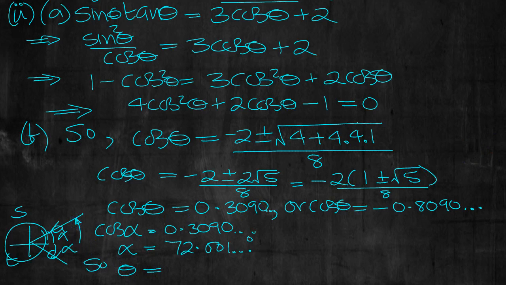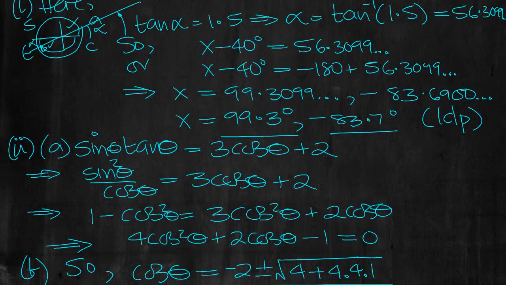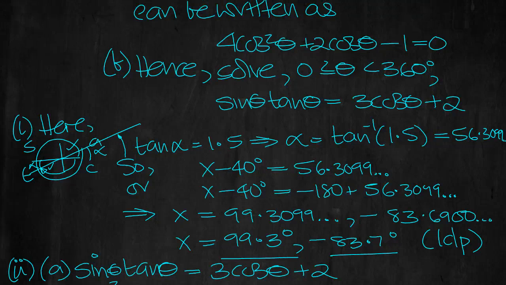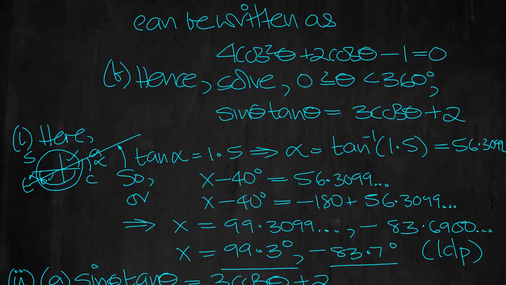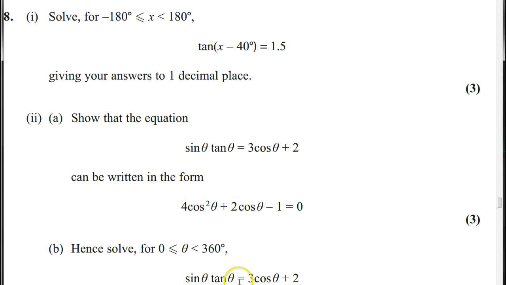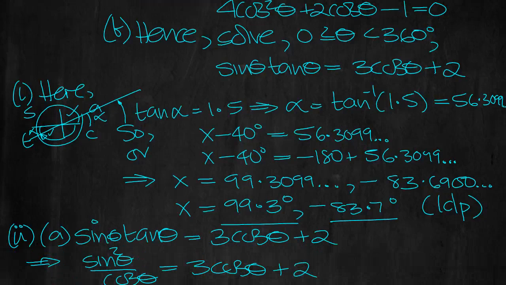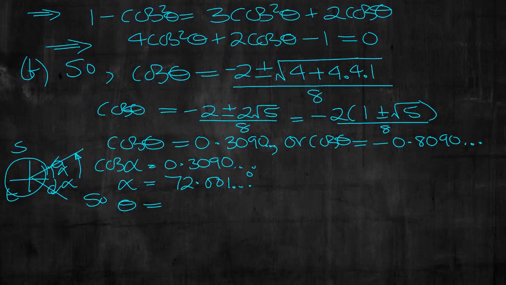Now what's the answer to? To 1 dp, it just says solve that, doesn't it? Let's look on the question paper just to be absolutely sure. Yeah, that's okay, it doesn't say it actually. So let's carry on then. So let's call it 72 degrees. It's very close to. And the other solution is right around to here, isn't it?